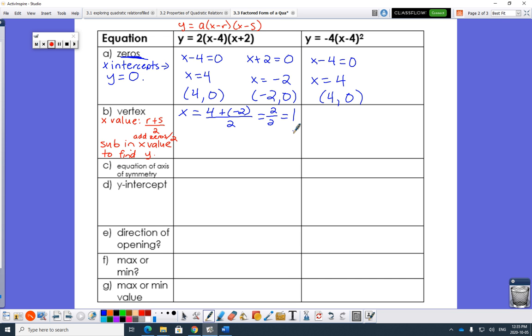Okay, so now the x value is 1, okay? The only weird thing with factored form is we have 2 spots now where there's an x. So you just want to make sure you plug in the x of 1 in both spots.